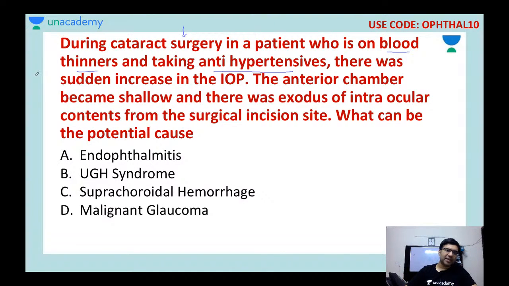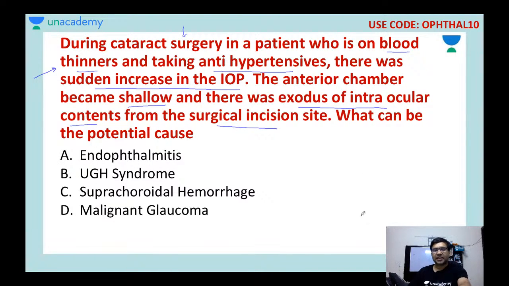So this patient had high chances of intraoperative bleeding. So during the cataract surgery there was a sudden increase in the IOP. What the increase in the IOP has done is it has caused the anterior chamber shallowing and there was an exodus of the intraocular contents from the surgical incision site.